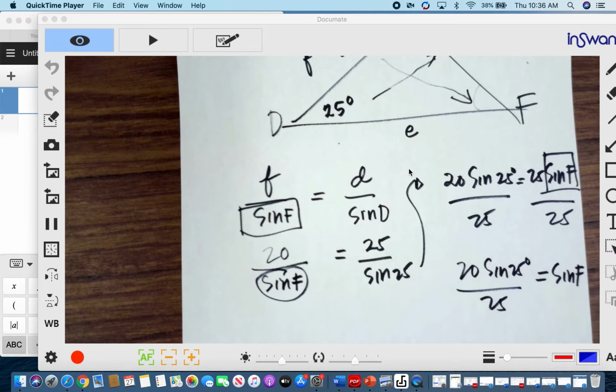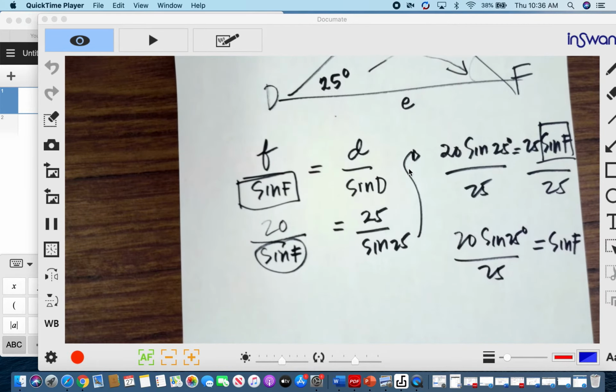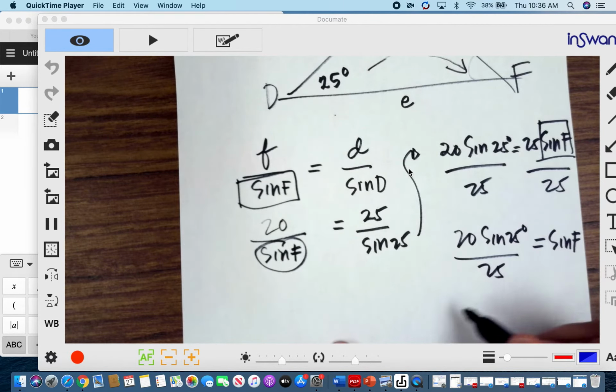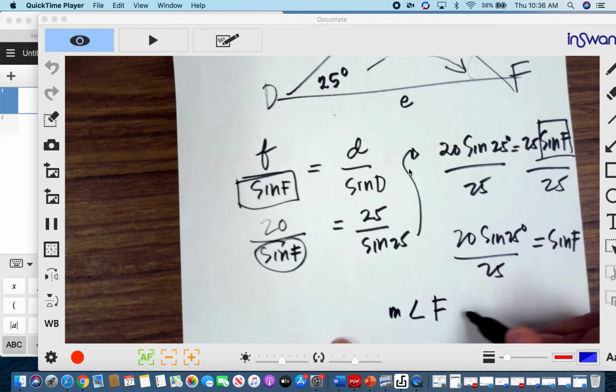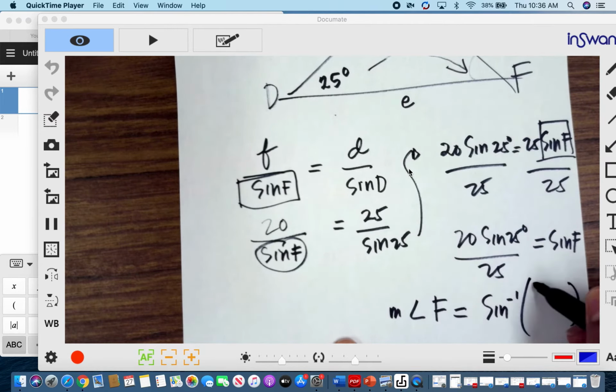Now, because we're solving an angle, we have to make use of the inverse functions. Therefore, our F, or we can name it as measure of angle F, is equal to second sine of this value, 20 sine 25 all over 25.